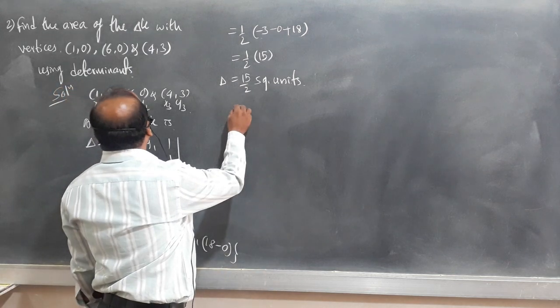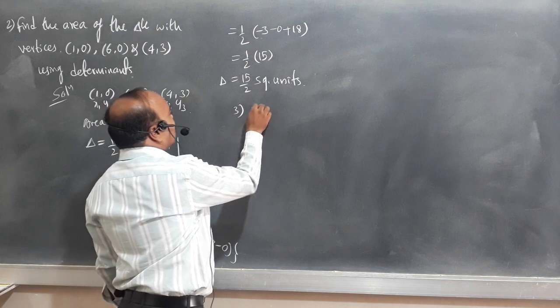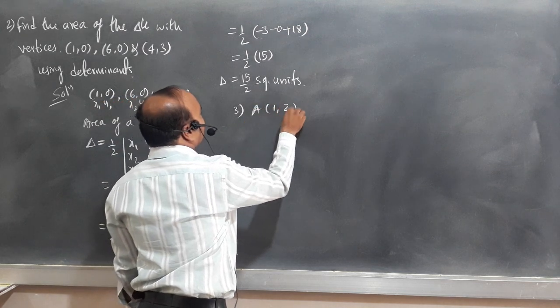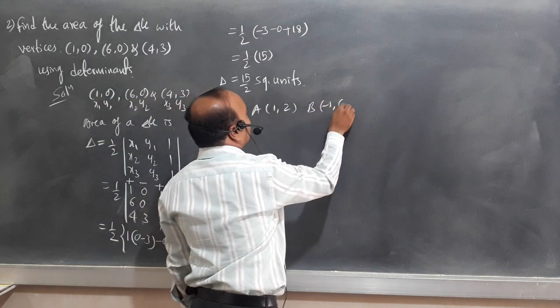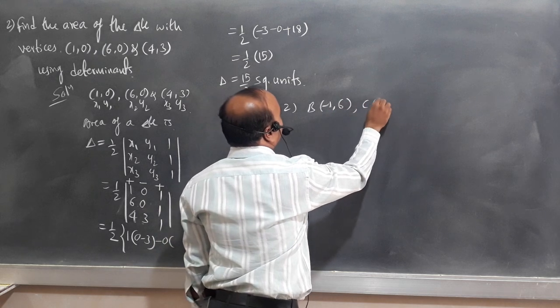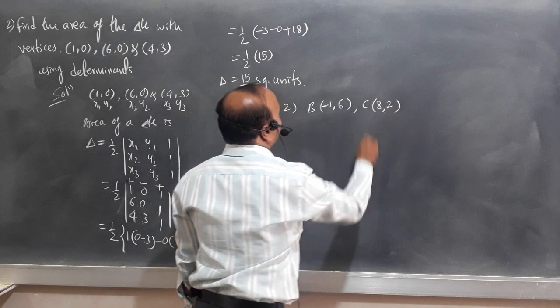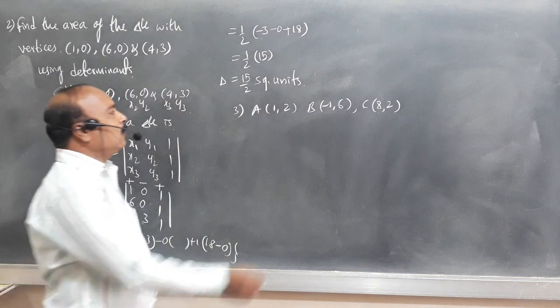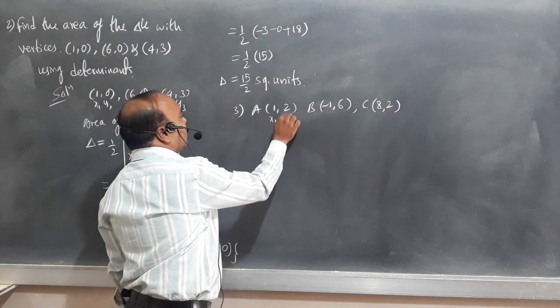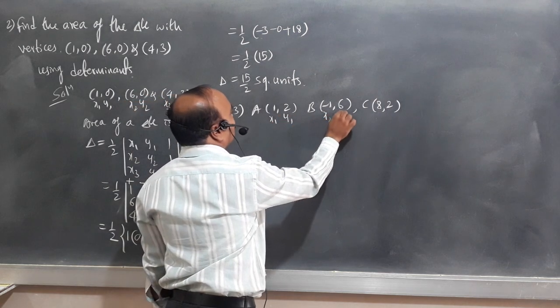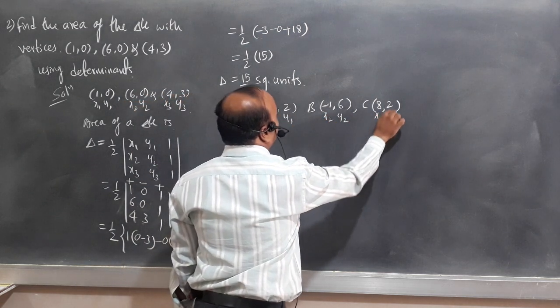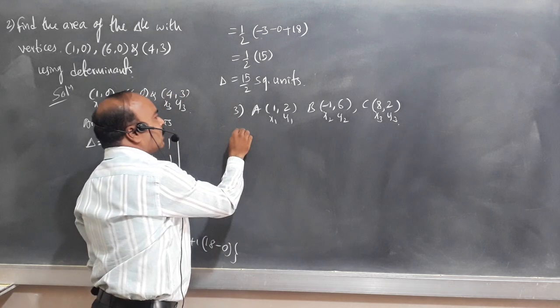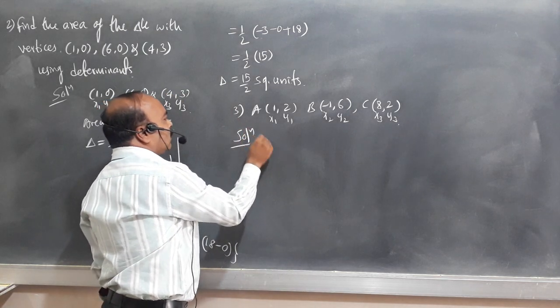Now we go for another example. A (1, 2), B (minus 1, 6), C (8, 2). By using these three vertices, we find the area of the triangle. Now it is x1 y1, x2 y2, x3 y3. Now we go for the solution.